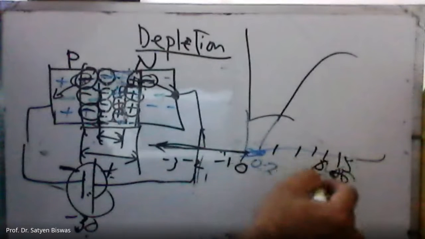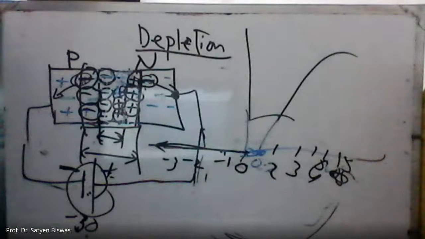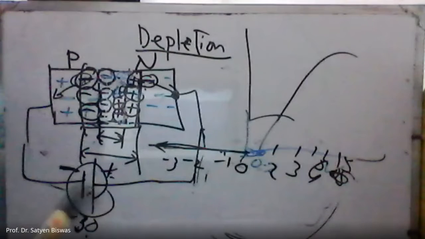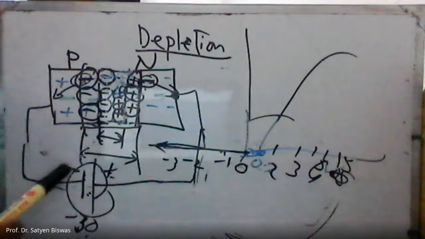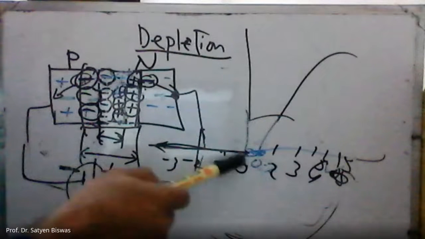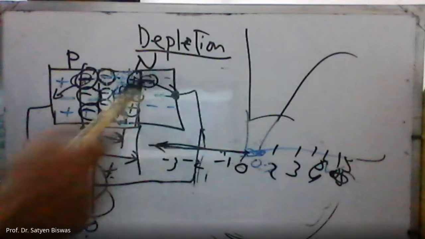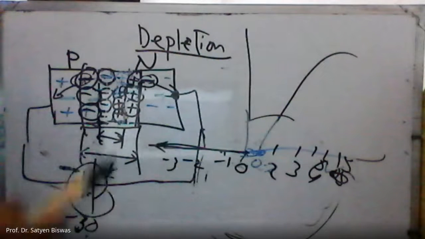Normally, electronic devices operate at 0 to 5 volt, or maybe in some cases at 12 volt. But when you increase this reverse bias, because the polarity is opposite, we are considering the minus voltage. So when we gradually increase this opposite voltage and it goes too much, what will happen?